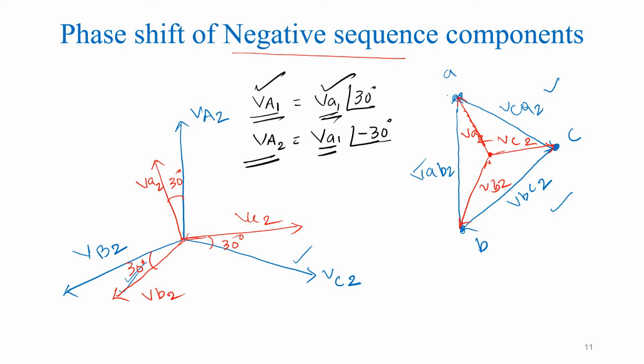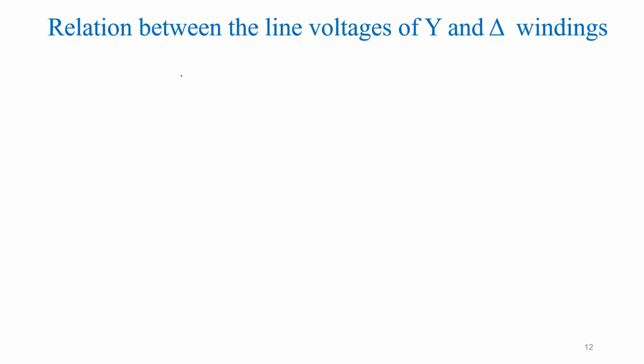Now we need to find out the relation between the rated line voltages of the star delta transformer bank. Let us consider the star delta transformer. I am going to assume the line voltage at the star connected side as VL1 and the delta side as VL2, because I am considering the star as the primary winding and the delta connection as the secondary winding.